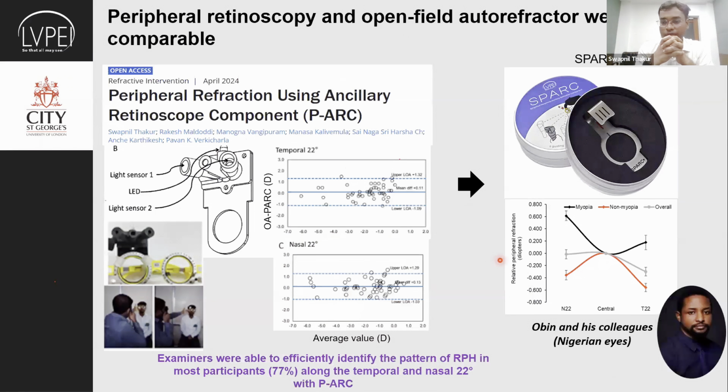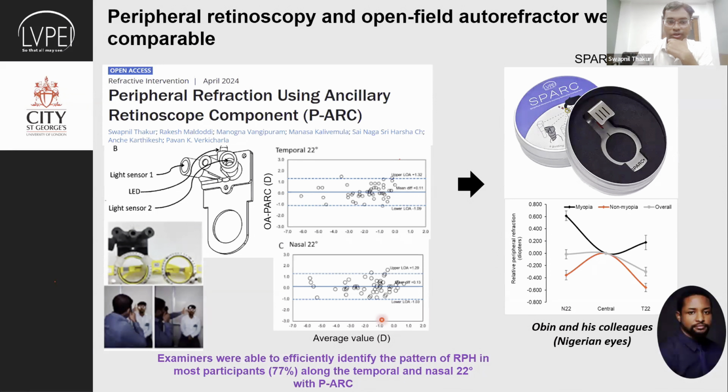So given that we want a simple technique to assess peripheral refraction, in collaboration with our engineering team at LVPI, we developed something called PARC. If I expand PARC, it's peripheral refraction using axillary retinoscopic component.